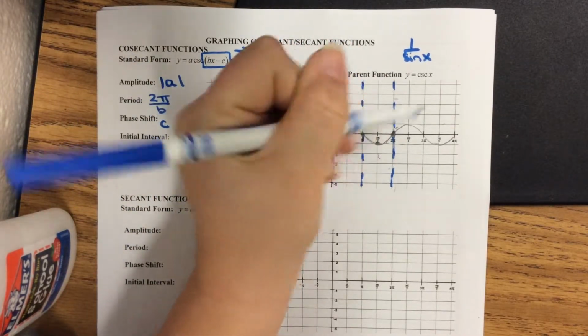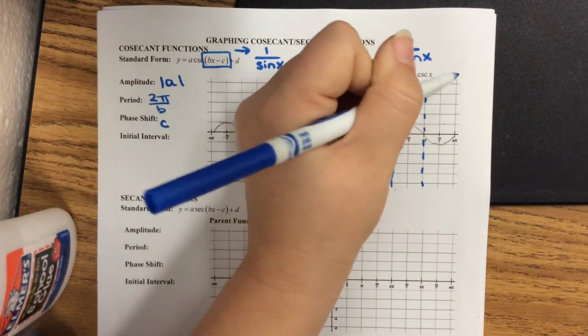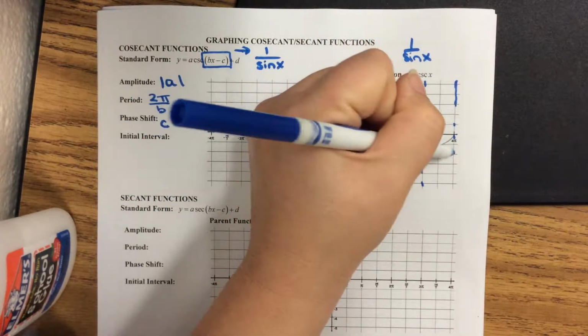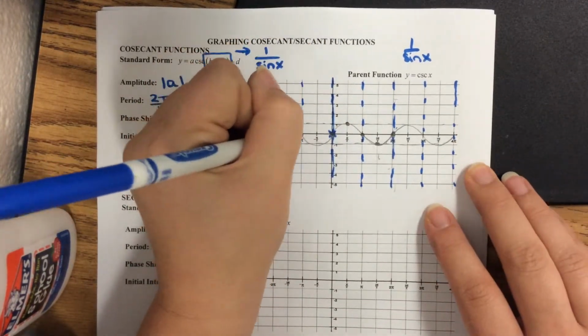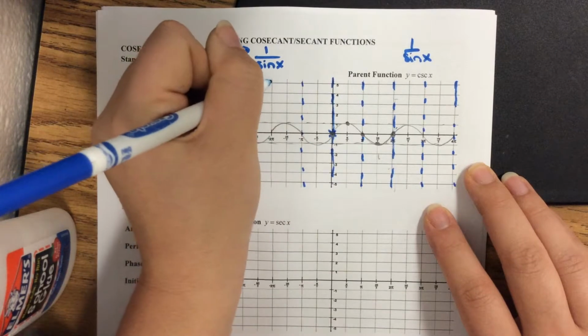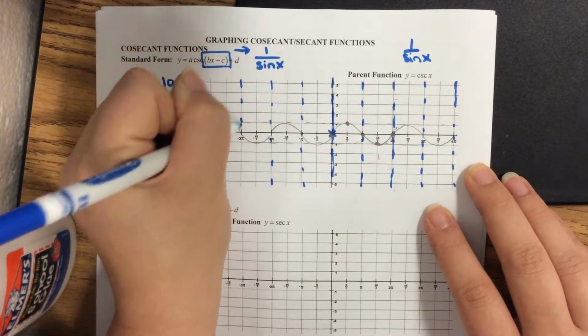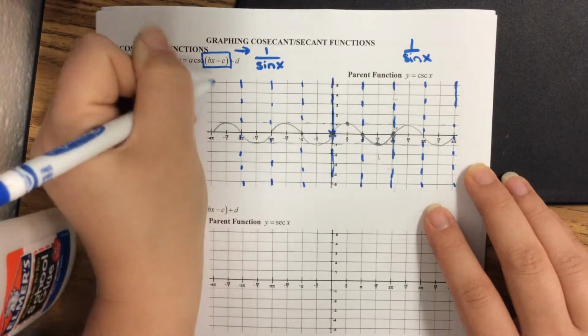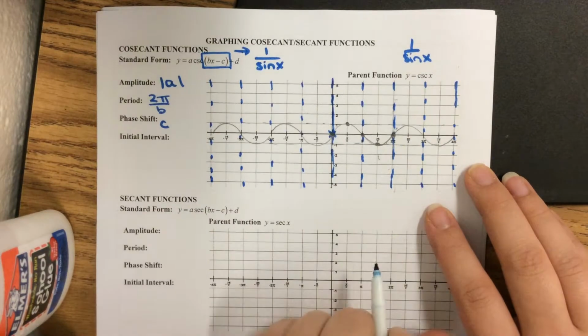I'm going to go through the graph and mark every one. This is creating an asymptote all the way across. So at these intervals where these zeros occur, it doesn't really exist there. It's not part of the domain for cosecant because it's undefined.